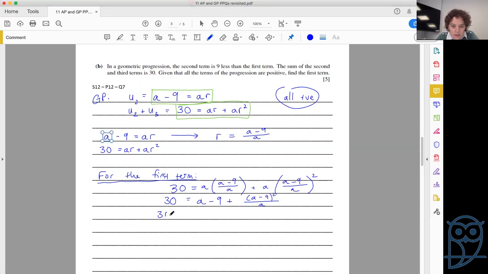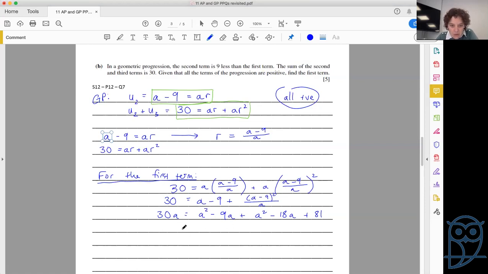So 30A equals A squared minus 9A plus A squared minus 18A plus 9 nines are 81. We're heading towards a quadratic.